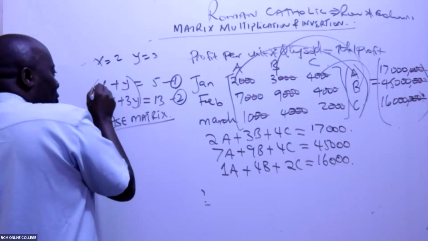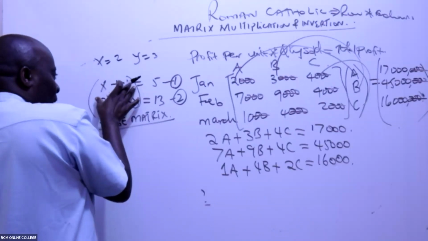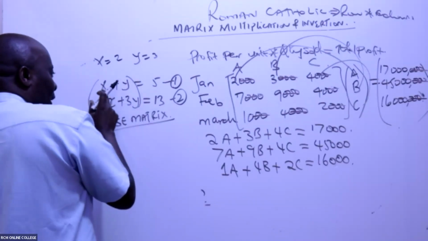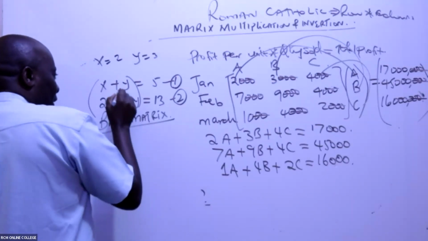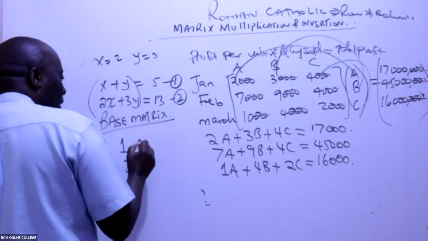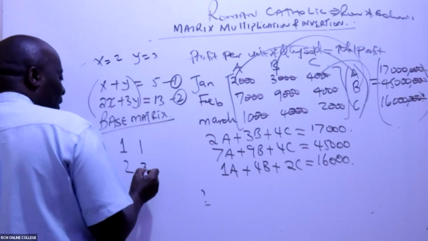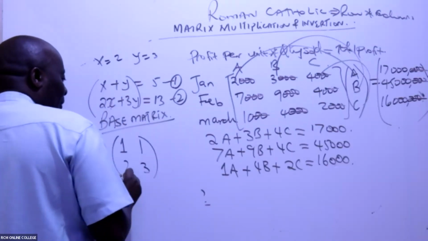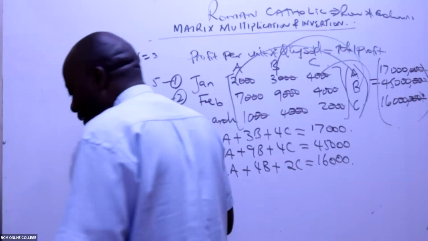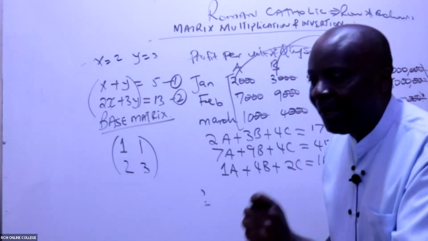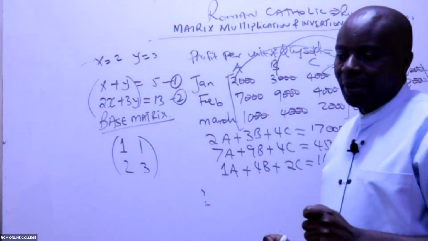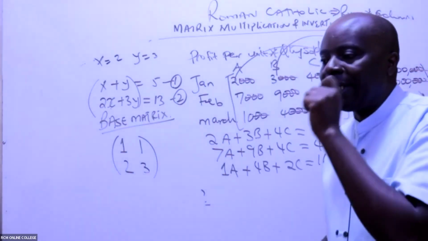If I extract it from this, before x we have a 1, here we have a 2, here there is a hidden 1, here there is a 3, like that. Once you get this base matrix, please go ahead and give me its determinant.